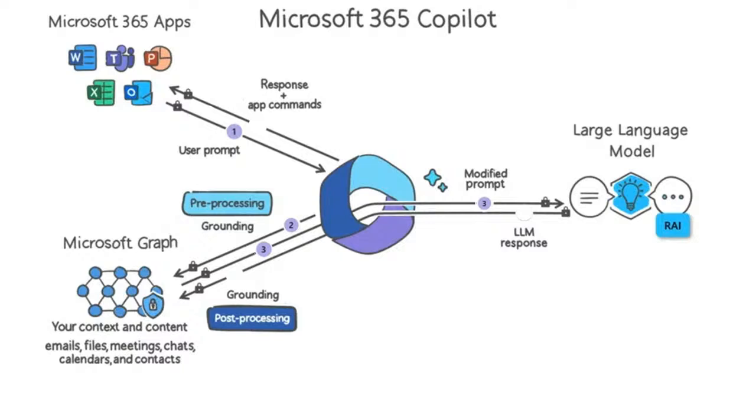This then gets sent back to the large language model, which modifies the prompt, extracts the important data, and gives that back to Copilot, and eventually it goes to another grounding. For example, maybe we need to search for some user contact information like email, and then finally the user gets its response.